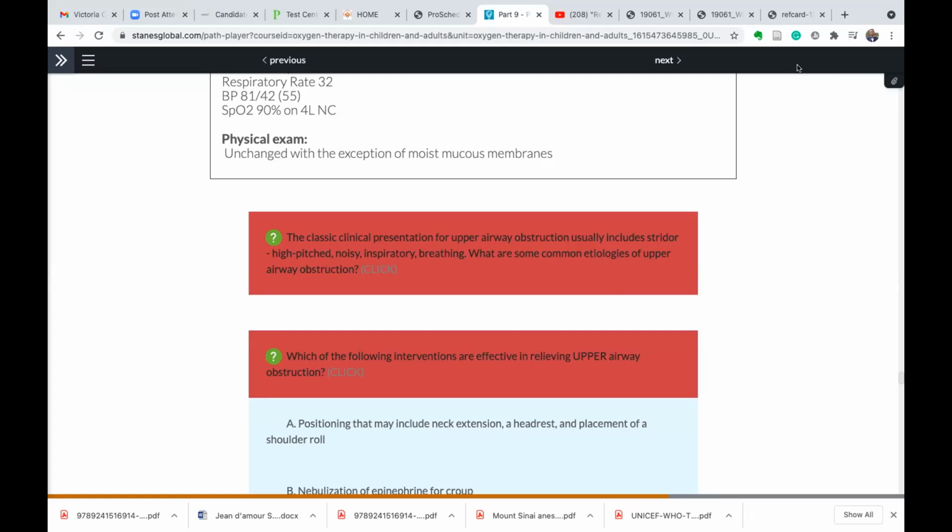What else? People have been talking about a foreign body, for example. That's another cause. What else can cause upper airway obstruction? Yeah, foreign body. Nice. What else? Croup, yeah.